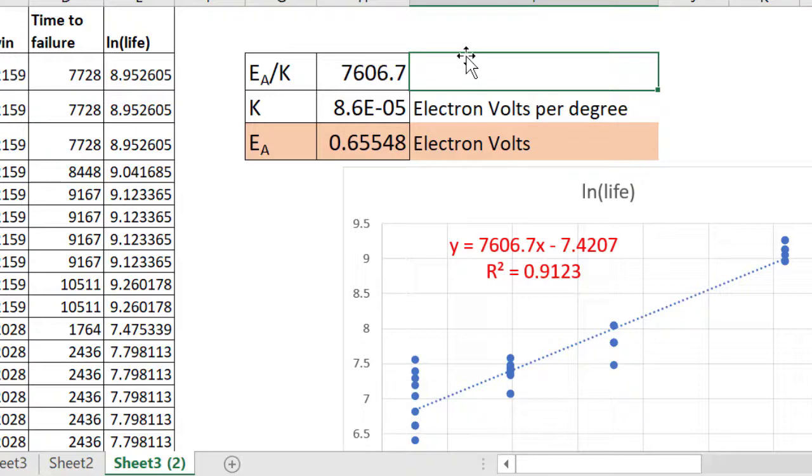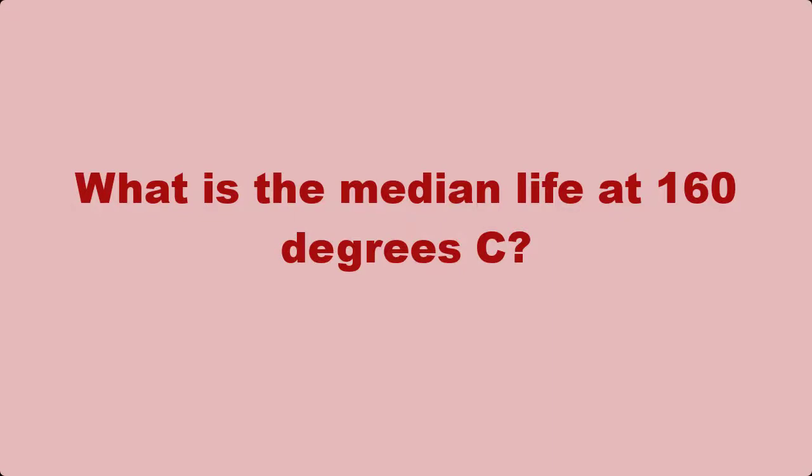So we can plot this ln of life as a function of 1 upon Kelvin, or we could plot directly the life as a function of 1 upon Kelvin as shown earlier. We also wanted to find out what is the median life at 160 degrees Celsius.